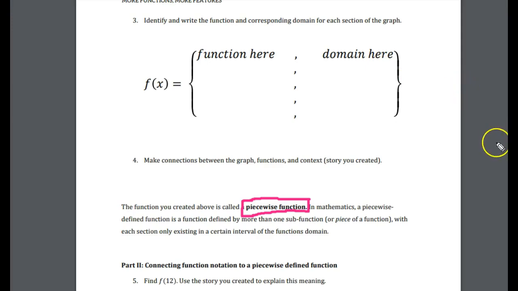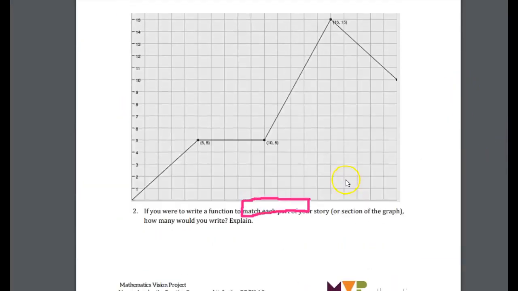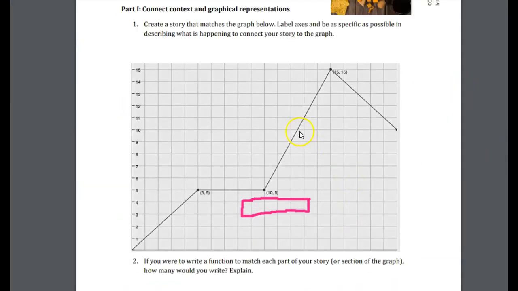So if we look at the piece we just did the equation for, this piece right here, we found its equation. And we said that it went from 10 to 15. So the section for it is 10 to 15. We're going to want to remember that. We found the equation for this section, and it goes from 10 to 15.